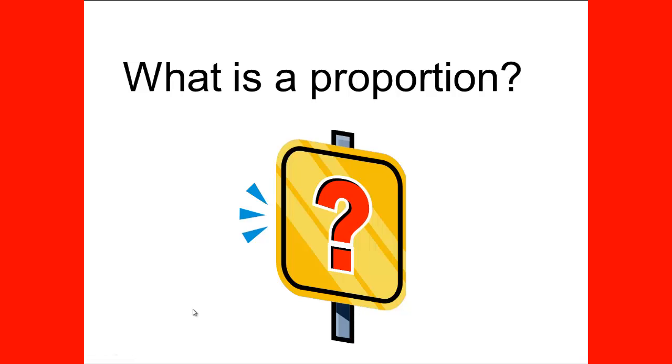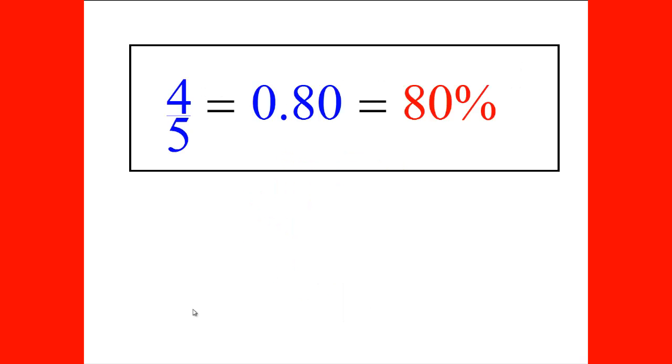What is a proportion? This is the first question that we need to answer as we start this set of videos. Looking at the fraction 4/5, we have two equivalent ways of writing 4/5. We have its equivalent decimal form, 0.80, and its equivalent percent, which is equal to 80%.